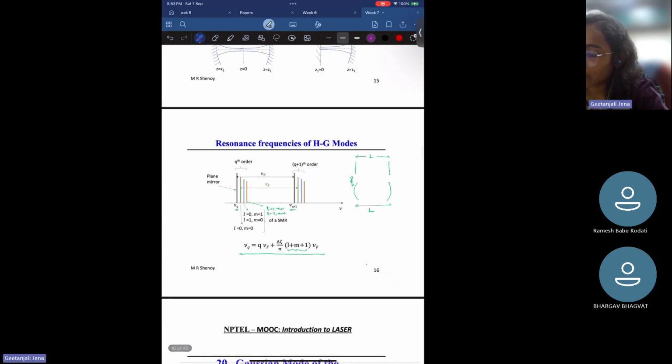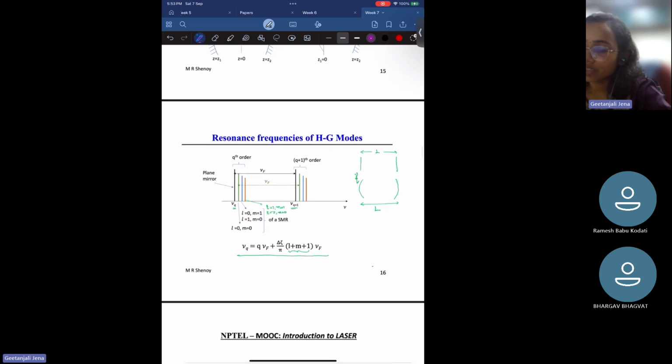Now, if you see the location of these Hermite-Gauss modes, in addition to the initial position ν_(q+1), we see some frequencies that are closer to ν_q because of this curvature dependent frequency correction term.